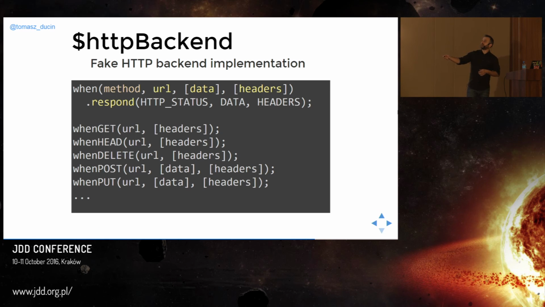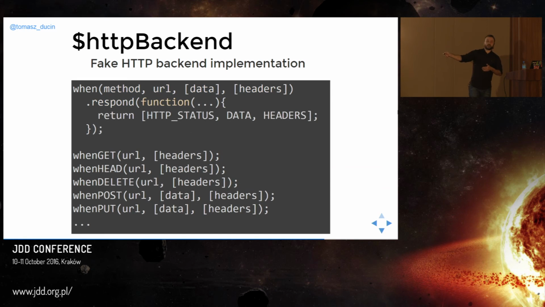So if we want to have short methods, instead of this, we can have whenGET, whenHEAD, whenDELETE, whenPOST, and this kind of stuff. But this is when we have static data. If you want to make it dynamic, then instead of responding with just 3 parameters, we respond with a function, right? Which is a callback. JavaScript will look if the first parameter is a function, and when this request is being called, then it will just invoke the function.